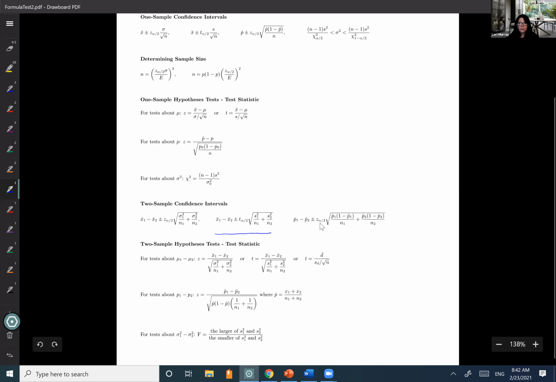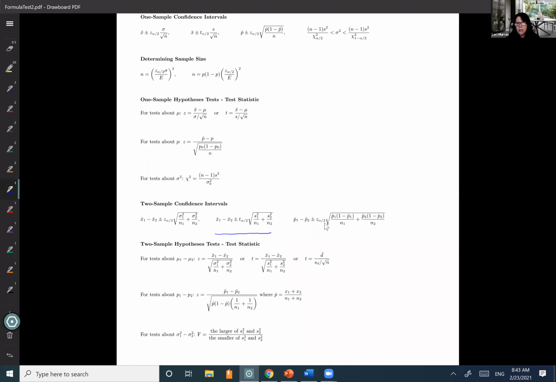So it's always Z when you're dealing with proportions. So right up here, notice the Z, and hope you can see my cursor, and here it's Z, always Z with proportion. So if you find yourself using the T with proportions, you're not doing it correctly. You want to use Z.